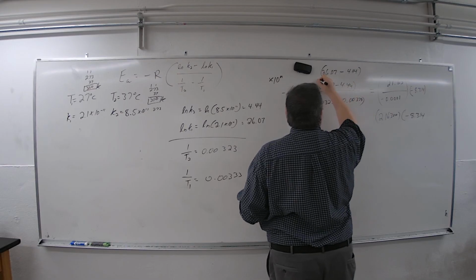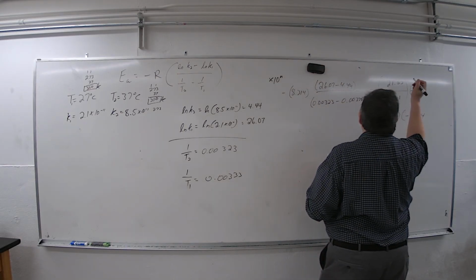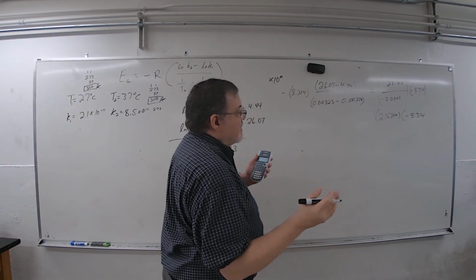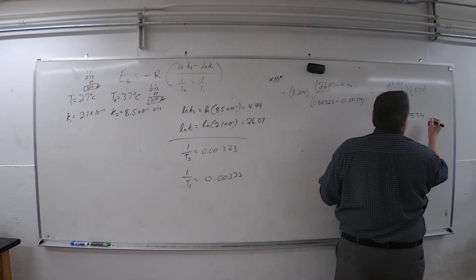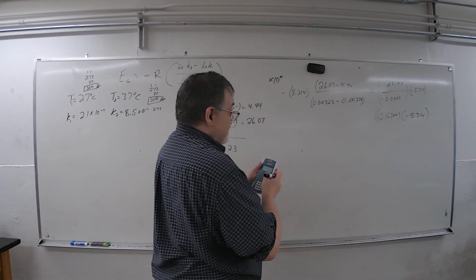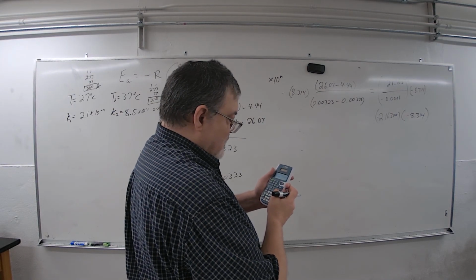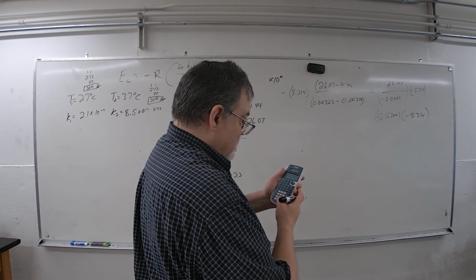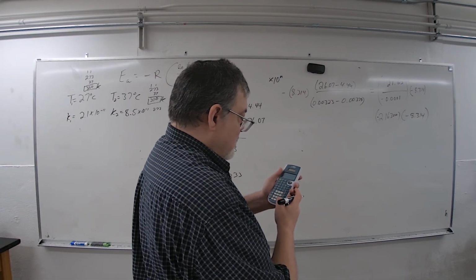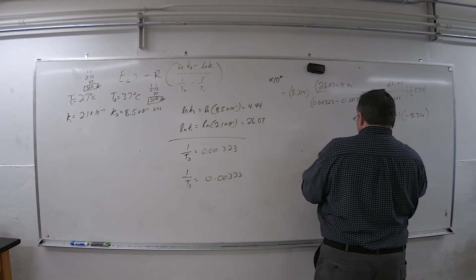So that will not be negative, because we need to come out positive here. That's negative. This times negative 8.314. I get EA.